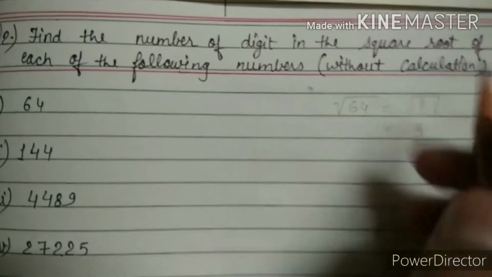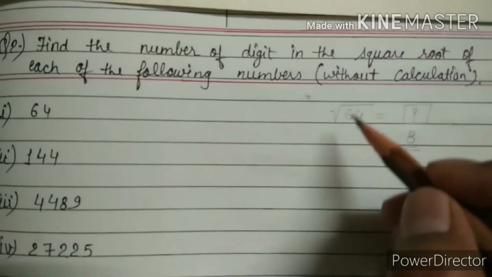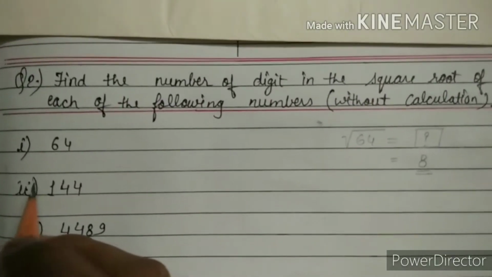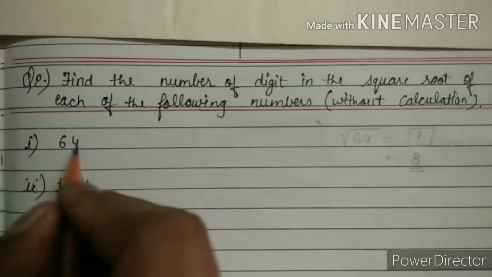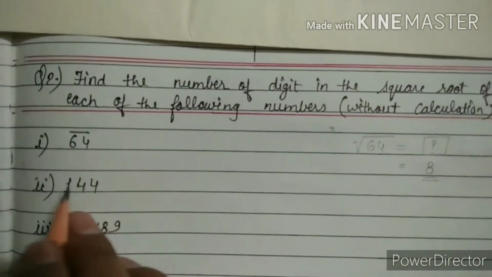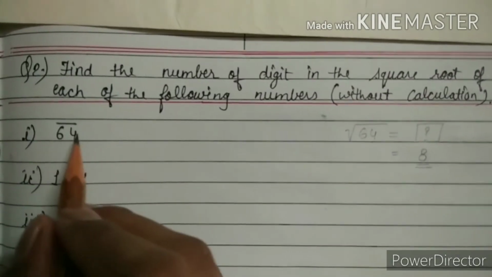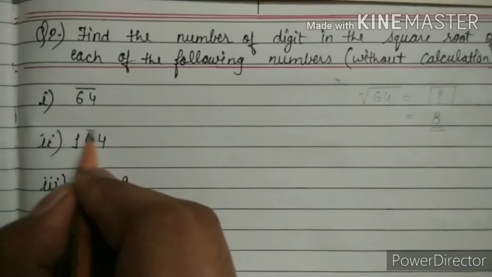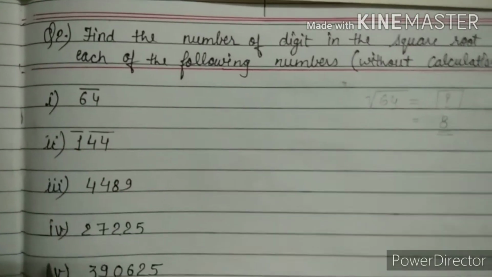Okay, so the same as we do in the long division method, we pair the digits from the ones place. So ones and tens, this is the first pair. Firstly we will apply pairing to the numbers. Here we have first pair and this is second pair.